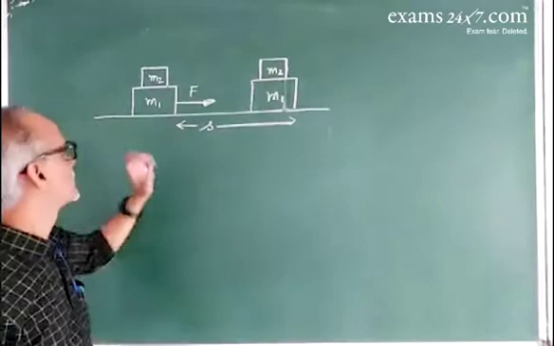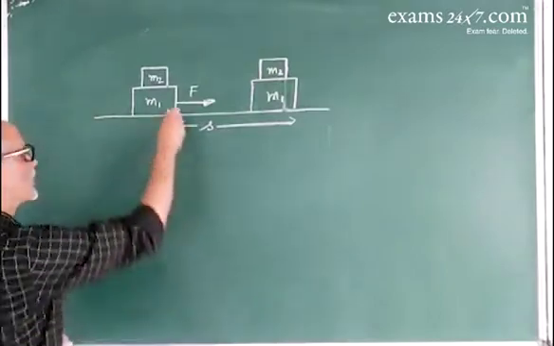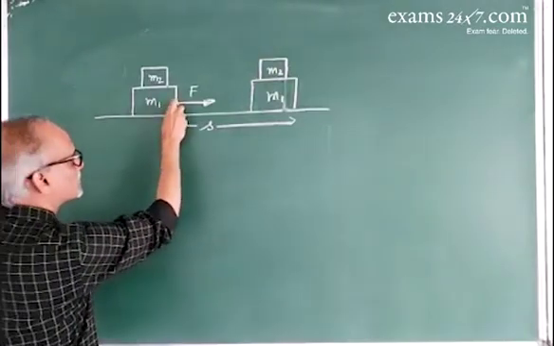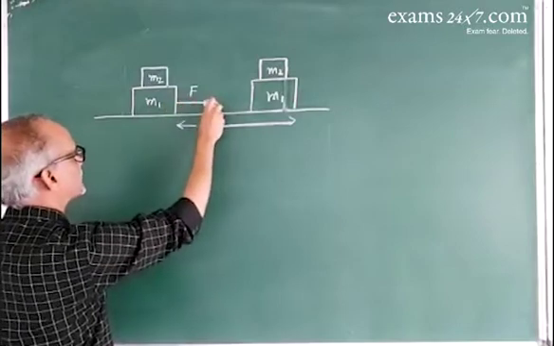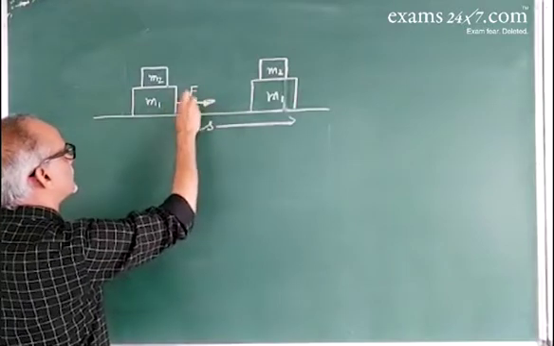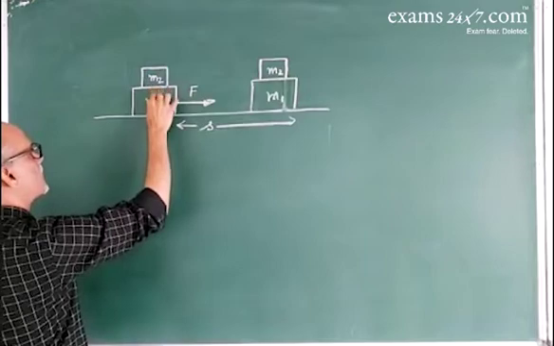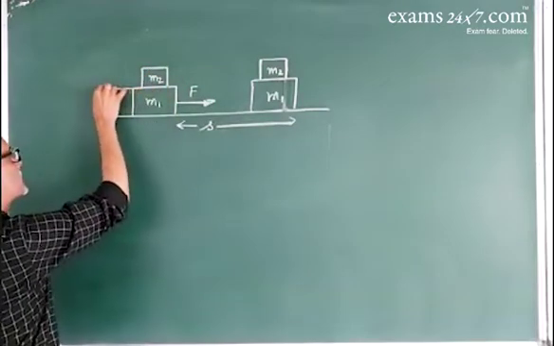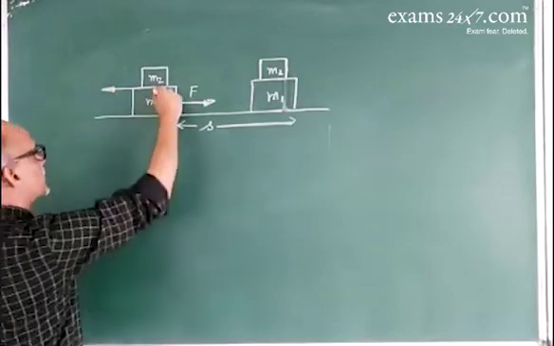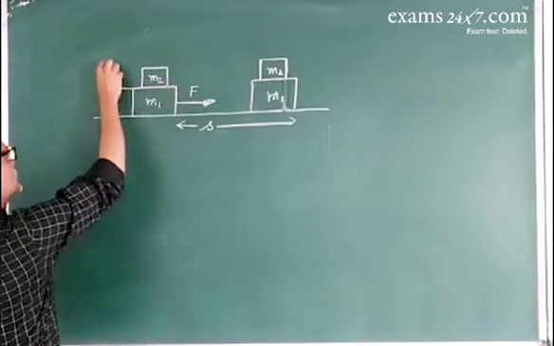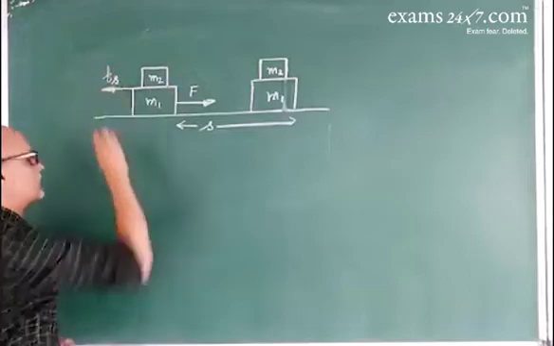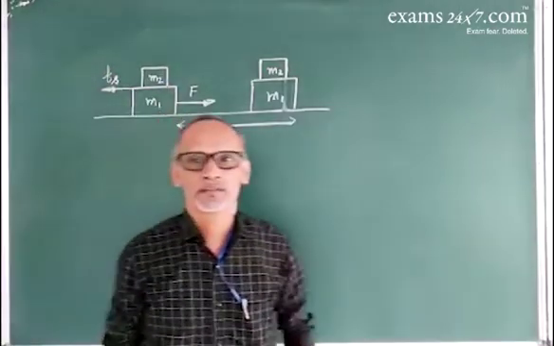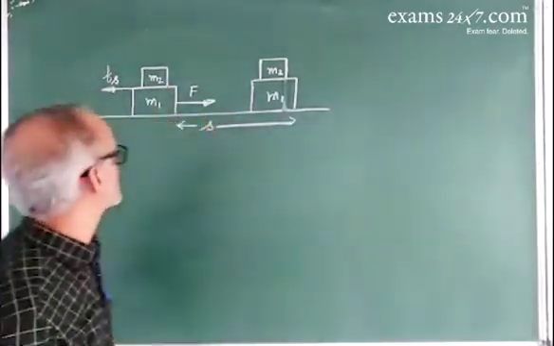why does it remain at rest? Because when the block M1 moves towards the right, the frictional force between M1 and M2 acts towards left. And since M2 is at rest, the kind of frictional force which is acting between them is static friction, which is Fs.